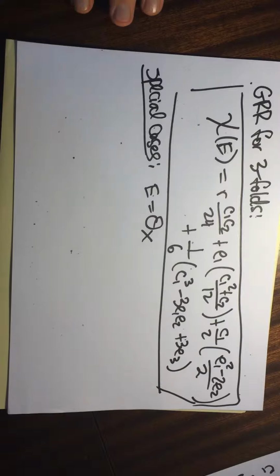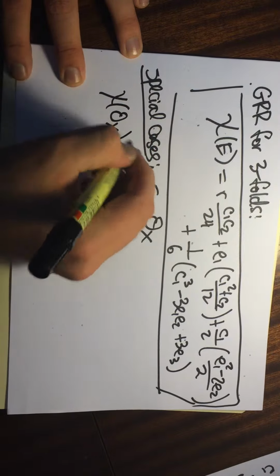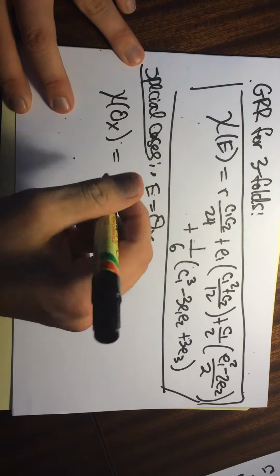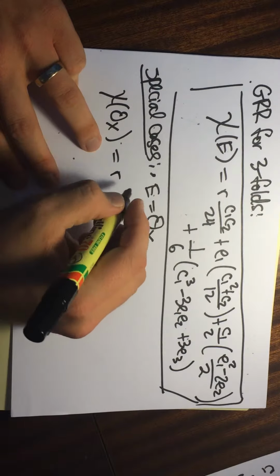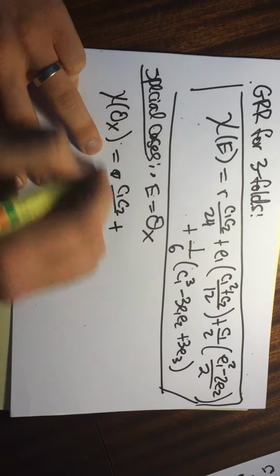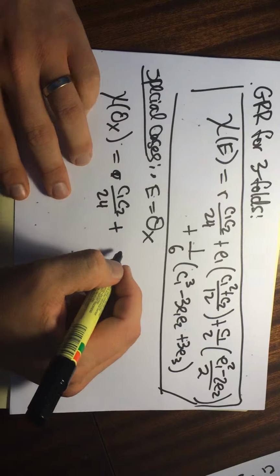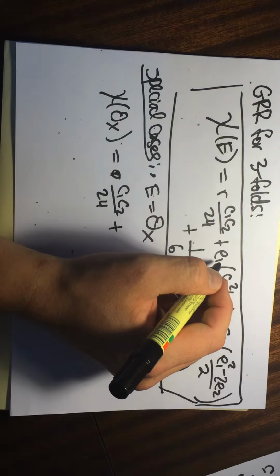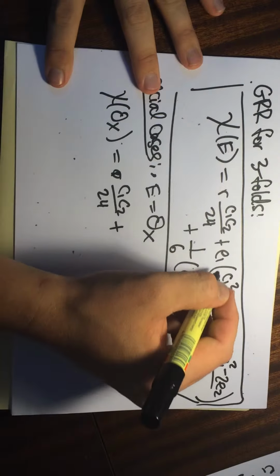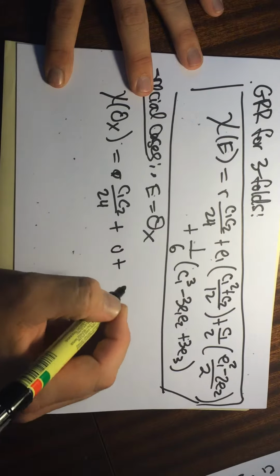So we have chi of O of X is equal to, we have rank 1, C1 C2 over 24, plus, and this is E1. Okay, this is trivial, right? This is the trivial class, so the first Chern class of E is 0. So this is actually 0.